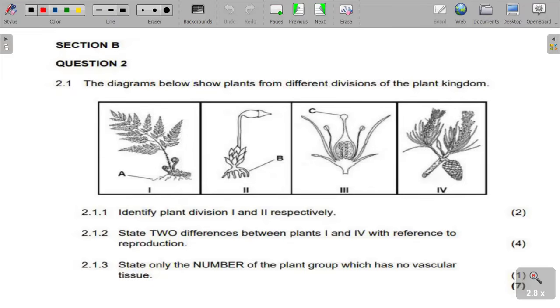So 1, if you can see, is the bryophytes. It is called the bryophytes.